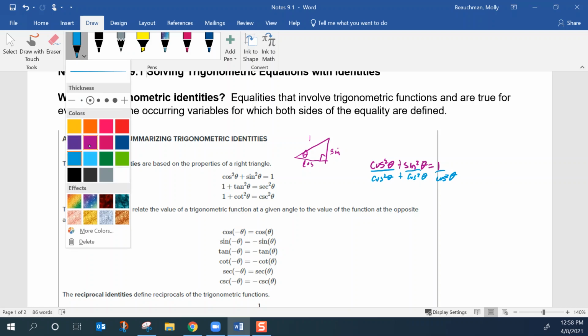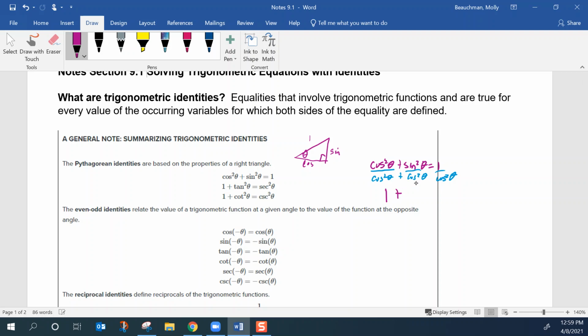Then we end up with cosine squared divided by cosine squared, which is 1, plus sine squared divided by cosine squared, which is tangent squared, equal to 1 divided by cosine squared, which is secant squared. So 1 plus tangent squared equals secant squared is derived from the original Pythagorean identity. We could do the same thing to derive the third identity by dividing both sides by sine squared. So identities are basically formulas that are true.